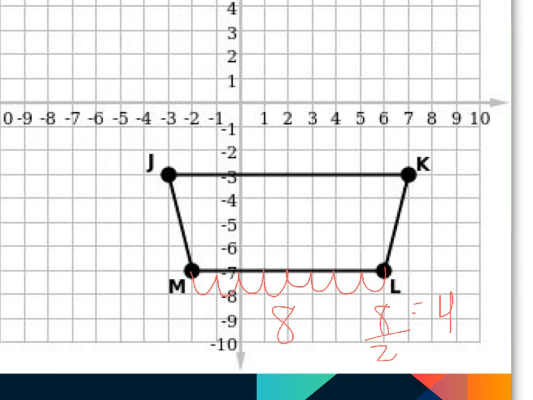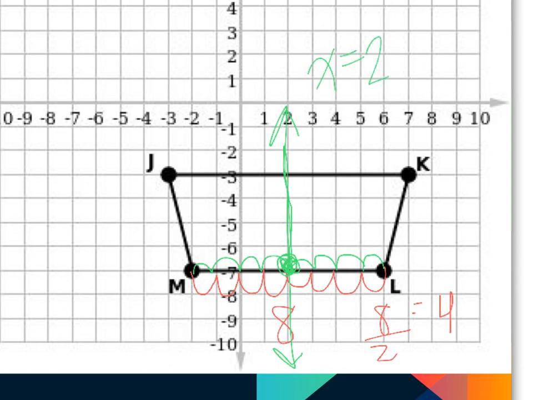It means that we need to move in 4 units from either of the endpoints. So we can move in 1, 2, 3, 4 like that, or you can move in 1, 2, 3, 4 here. Either way works because it's the midpoint, right? So then we can just continue the line, and our axis of symmetry we can see is x equals 2.